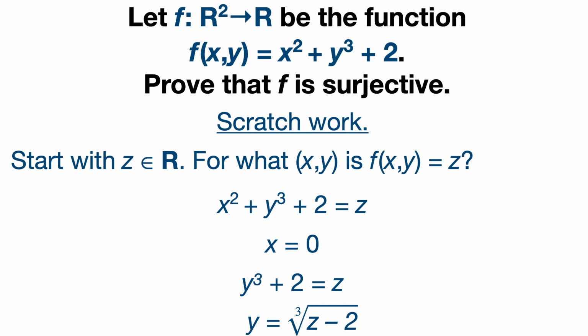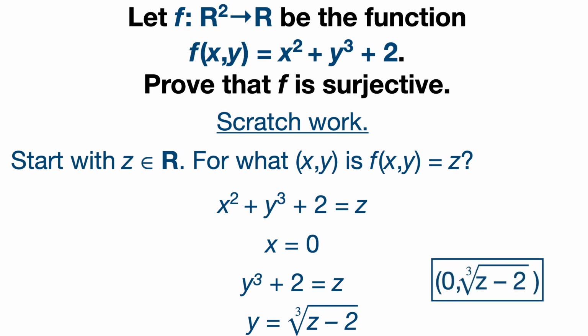So this scratch work tells us what our x and y can be, and we'll get our ordered pair 0, comma, the cube root of z minus 2. Remember, this is one of many possible solutions. We set x equal to 0, but we could have set it to be some other value and then solved for y. Finally, notice that this ordered pair is expressed in terms of our generic element z. That is going to be essential.